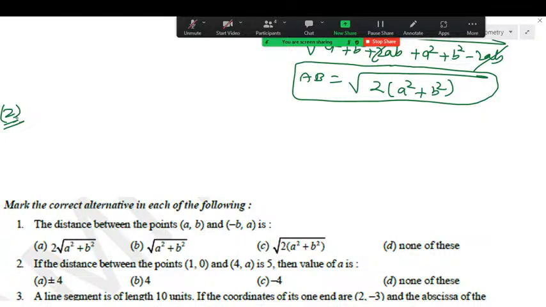Is this a multiple choice question? Yeah, it's a multiple choice question. Solve second now. Isn't it a square plus b square? Yeah, no, 2a square plus b square.